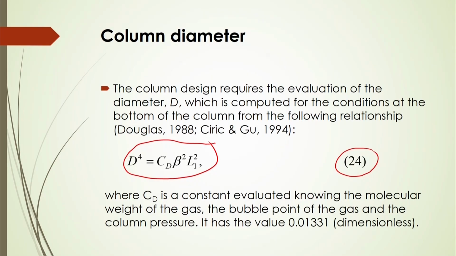In this case, C_d is a constant which is evaluated by knowing the molecular weight of the gas, the bubble point of the gas and the column pressure. It has the value of 0.01331, dimensionless, as per Sirik and Gu, 1994.